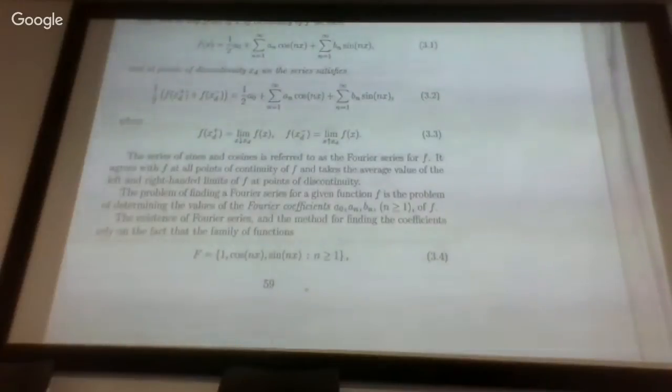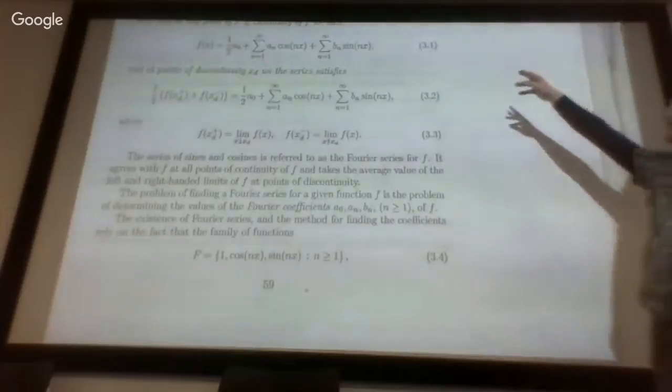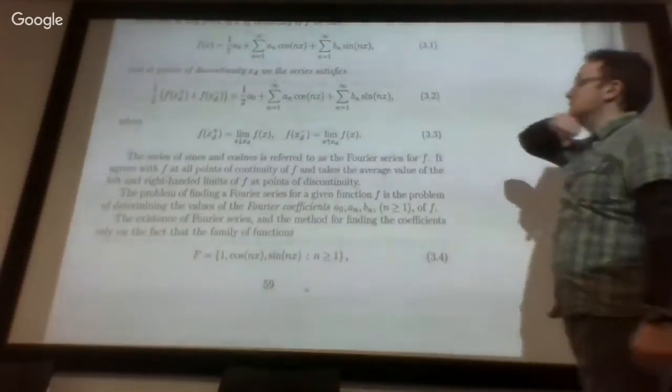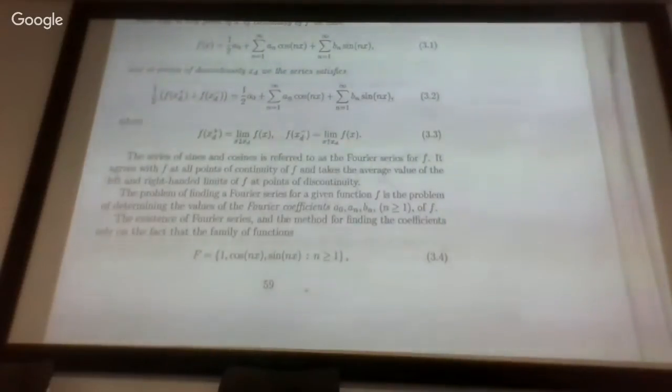So continuing with our Fourier series material, just remember what we're dealing with: at the top of the screen there, on equation 3.1, we're dealing with objects like this, which are Fourier series. For well-behaved periodic functions with period 2 pi, although in general we can stretch that basic interval from minus pi to pi to really any interval at all, using some kind of rescaling.